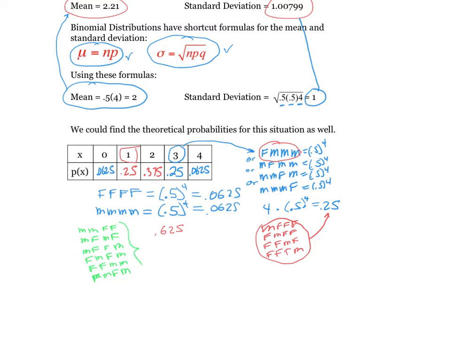So there's actually 6 ways for that to happen, that I could split them, 2, 2. So I would do the 0.5 to the 4th times 6 for that one. So if I want to verify what just happened, it's still 0.375.